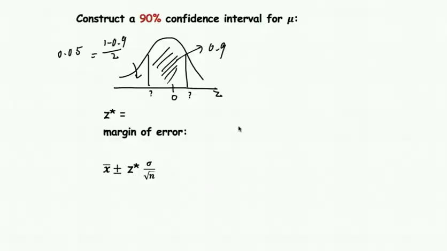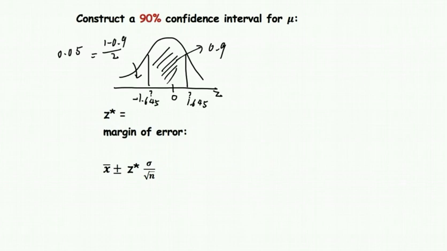Let's write down what our z value is. So we have a negative 1.645 and we have a positive 1.645, so that the middle area is 90%.